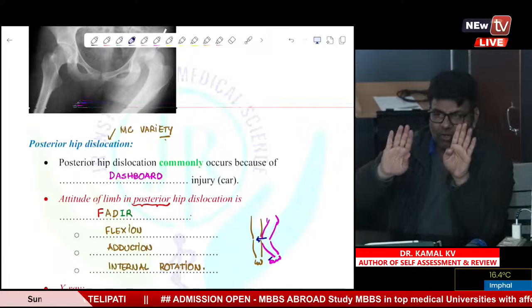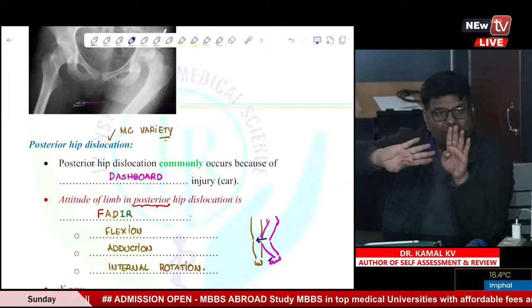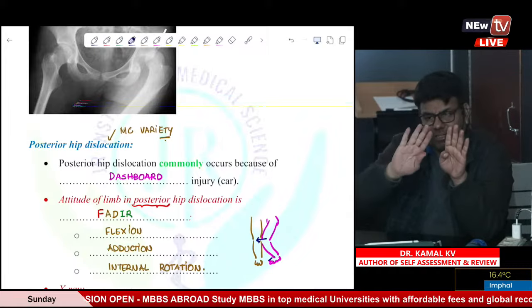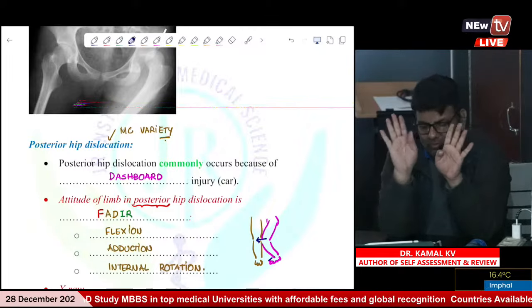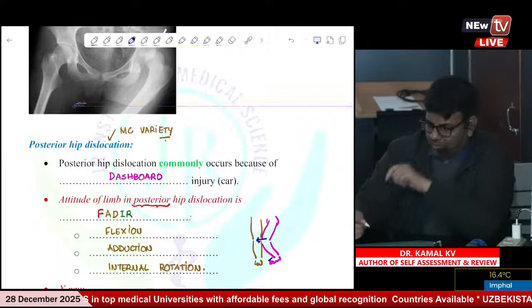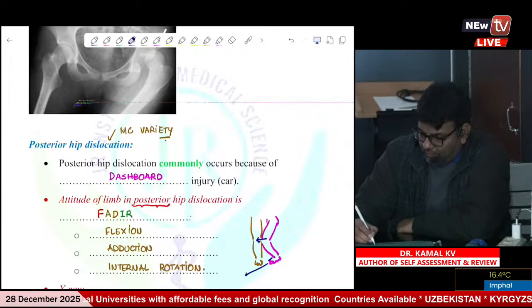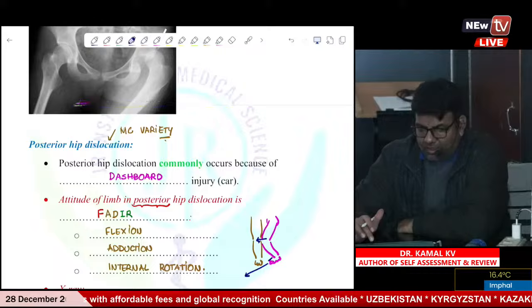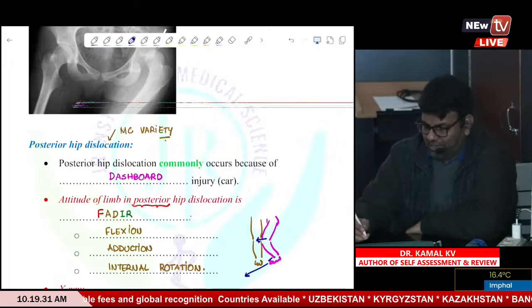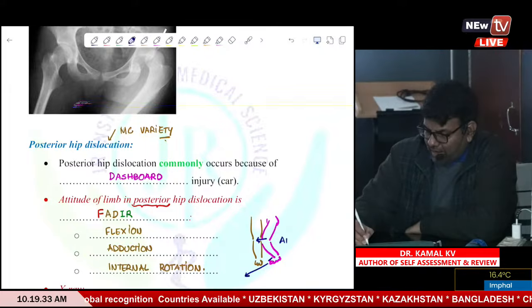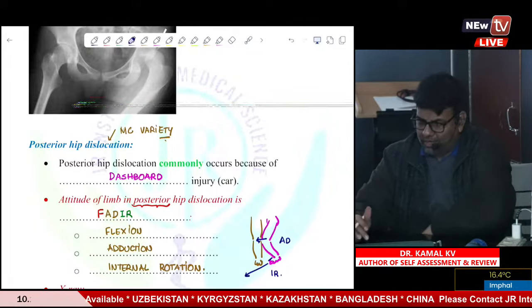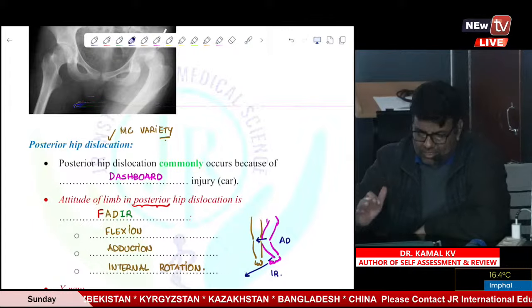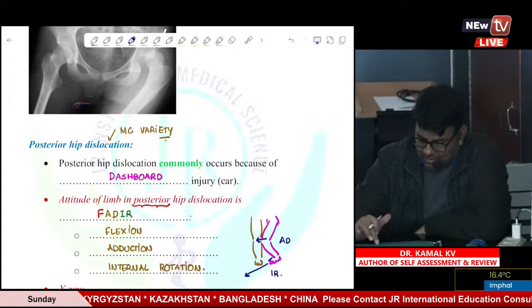If there is internal rotation, the toes will face like this, and if there is external rotation, the toes will face like this. So it is very easy to identify. The knee is touching the opposite knee, which is adduction, and this is internal rotation. The moment you look at the patient, you can say this is a case of posterior hip dislocation.